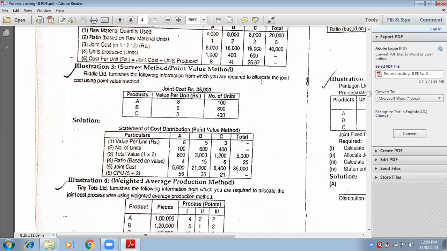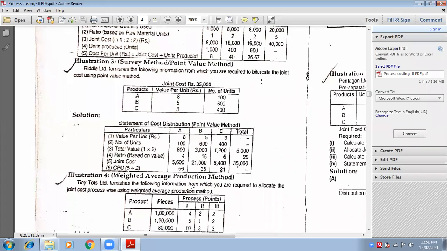How many units did we produce? A 100, B 600, C 400. So we need to just multiply and calculate the value. After we get the value, we will calculate the ratio of that particular value, and that ratio will be taken as base to divide our joint cost.